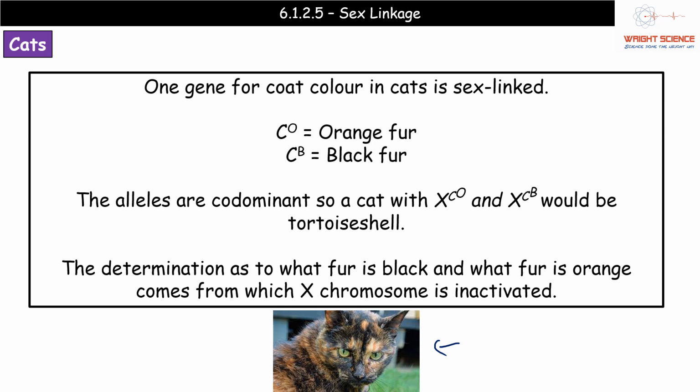So why are some orange and why are some black? Well, it just comes down to this idea of inactivating one of the X chromosomes. So basically determining which bit of fur is black and which bit of fur is orange just comes as the result of one of those X chromosomes being inactivated.